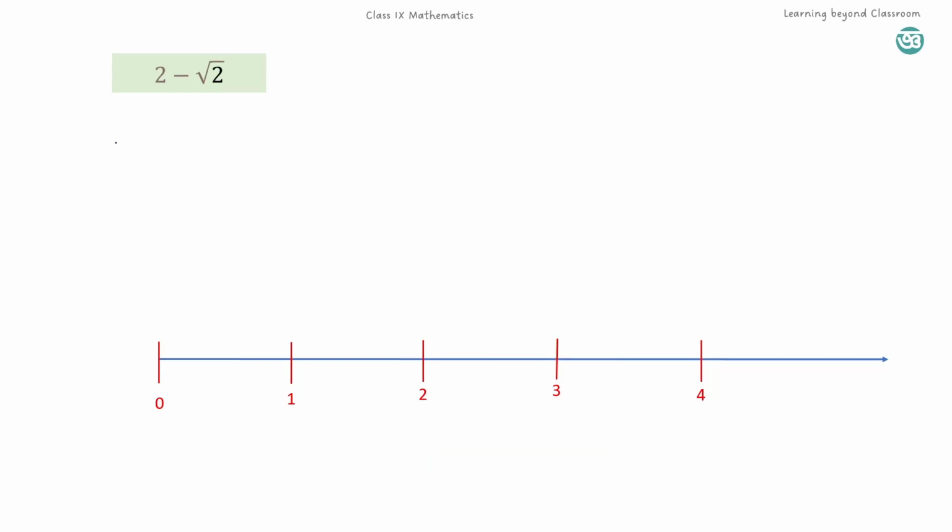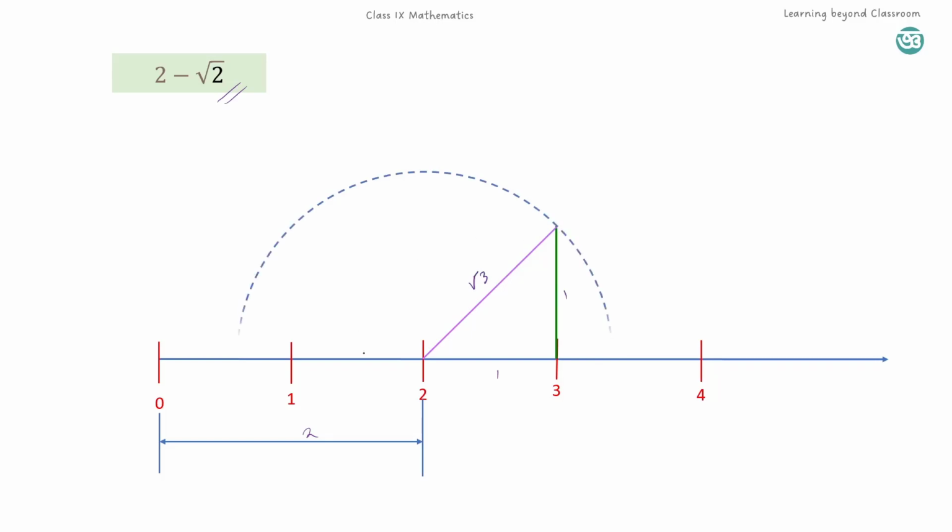Okay, we can also represent 2 minus root 2. For that, the same thing: this distance is 2. Again you take 1 unit, this is 1 unit, so this will be root 2. You draw an arc, this time a semicircle. So this is point A and this is point B. Now you see this distance from 2 to A is root 2.